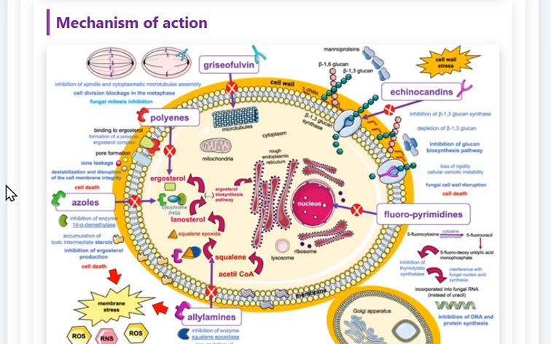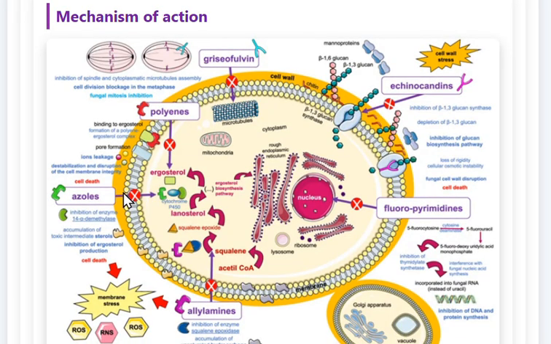Now, move to the next pathway. Normally, lanosterol is converted into ergosterol by an enzyme called 14-alpha-demethylase. This enzyme belongs to the cytochrome P450 family. Azoles inhibit this enzyme. Once the enzyme is blocked, ergosterol can no longer be synthesized. Without ergosterol, the fungal membrane becomes unstable. The fungus stops growing.